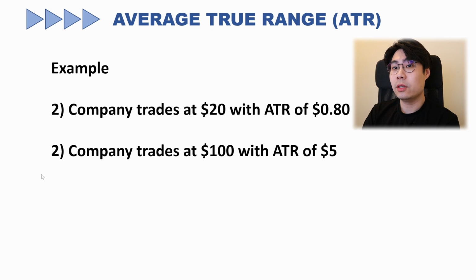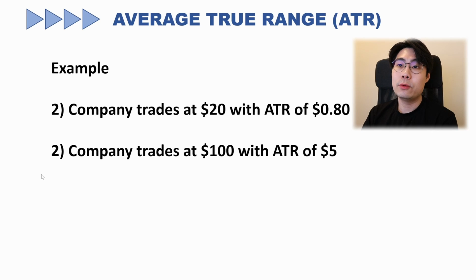If you plan to sell today and you see the stock is going up by maybe 80 cents already, now at $20.80, are you going to sell? Well, the answer is probably yes, because it is unlikely that the stock goes above the ATR. Although it's not impossible, most of the time we see on average the stock goes up by 80 cents or goes down by 80 cents.